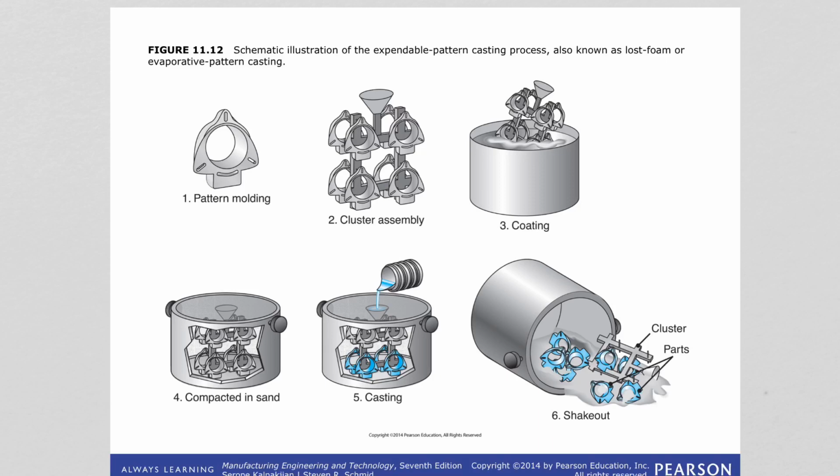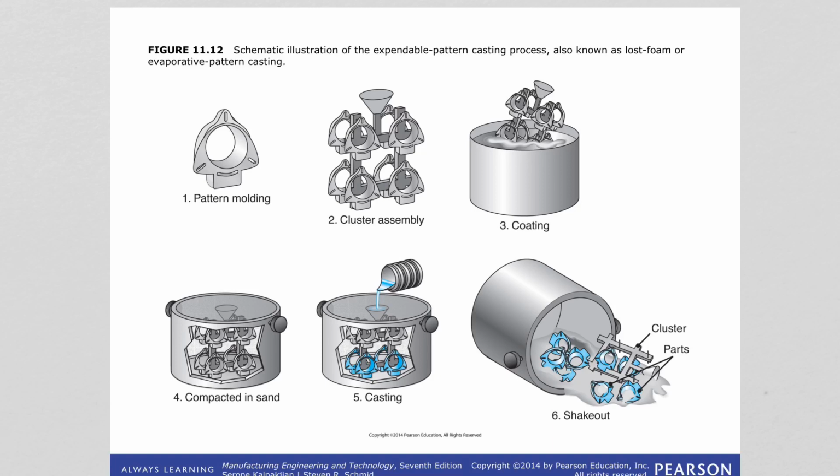So in this figure, we are seeing each step that I just described. First, you obtain the pattern, which was made out of the polystyrene. It can be assembled into clusters, so this way you can produce multiple parts at the same time.